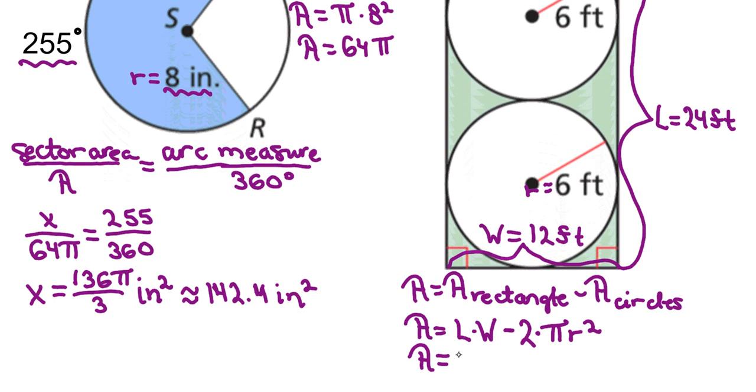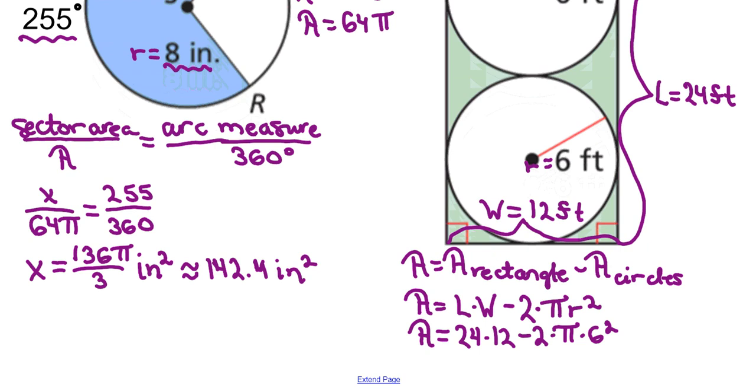So 24 times 12 minus 2 times pi times 6 squared. If I'm looking for an exact value, I'm going to get 288, that's 24 times 12, minus 6 squared is 36, times 2 is 72 pi, and that would be in square feet.